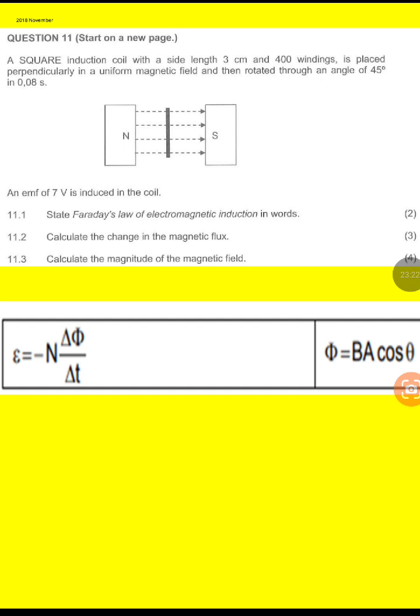Right, they say calculate the change in magnetic flux. Remember, we know change in magnetic flux to be final flux minus initial flux.